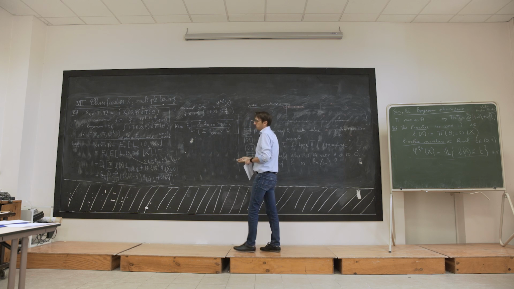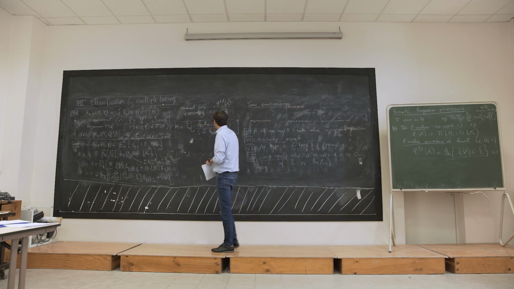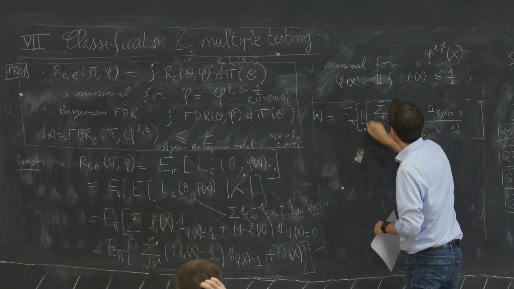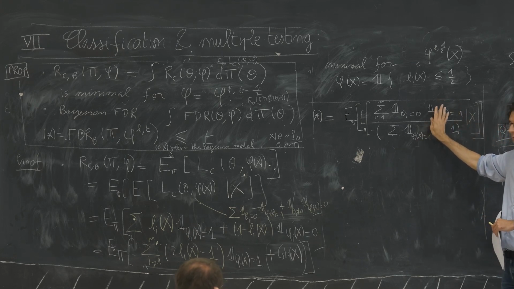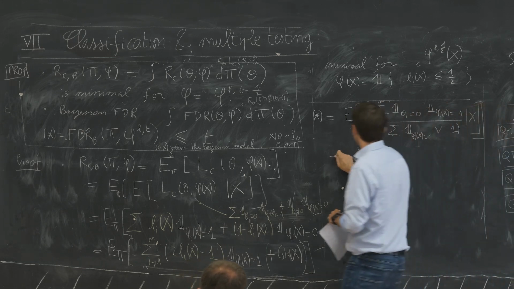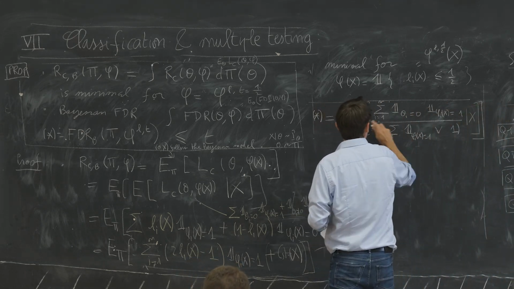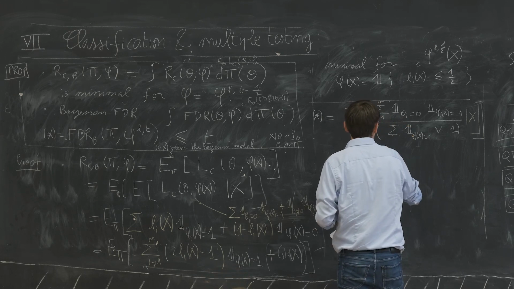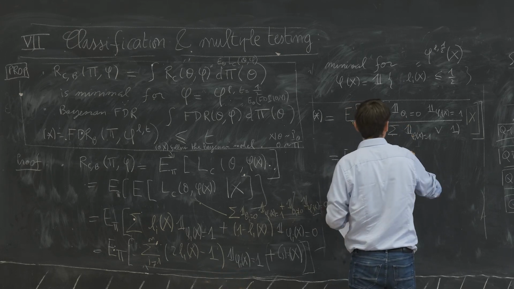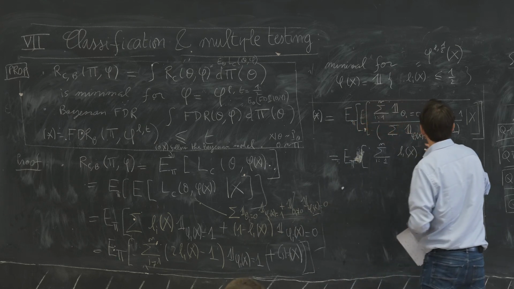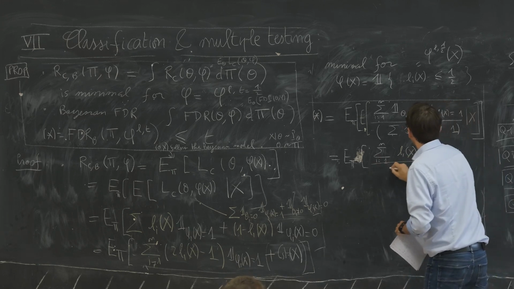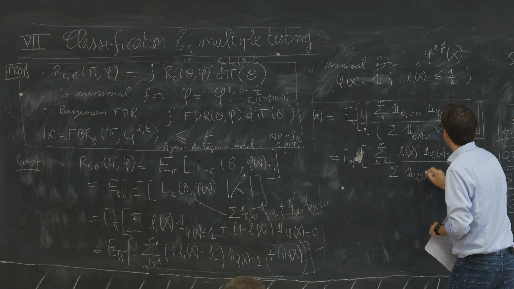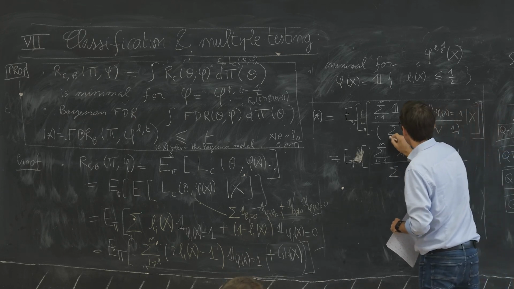Okay, so let me do the same trick of the chain rule here. The chain rule means that I insert a given x instead of the given theta. And what's nice is that given x, it freezes everything that depends on x. So here I get the expectation under pi, and again I get my L value, divided by the discoveries.